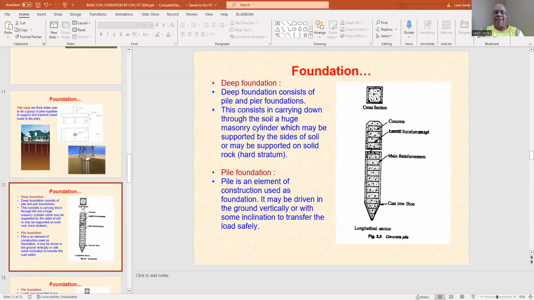Also, we have a deep foundation. They consist of pile and pier foundations. This consists of carrying down through the soil a huge masonry cylinder, which may be supported by the sides of soil or may be supported on solid rock, hard stratum.